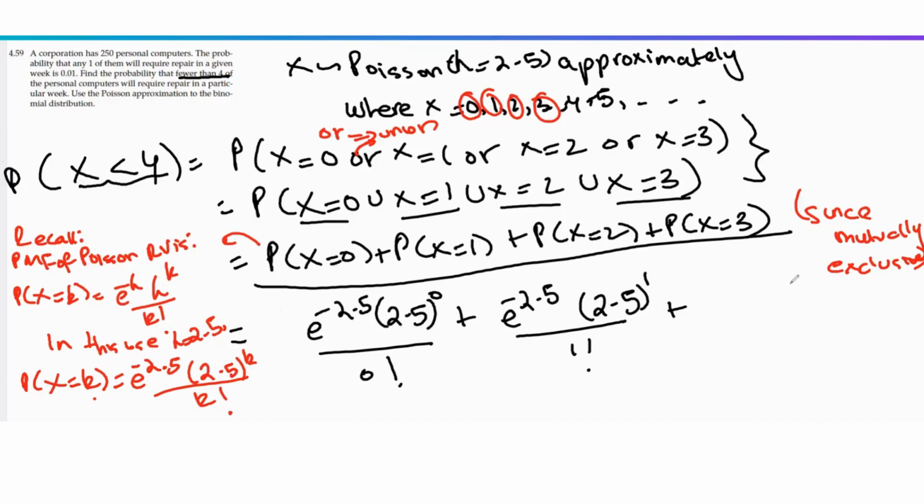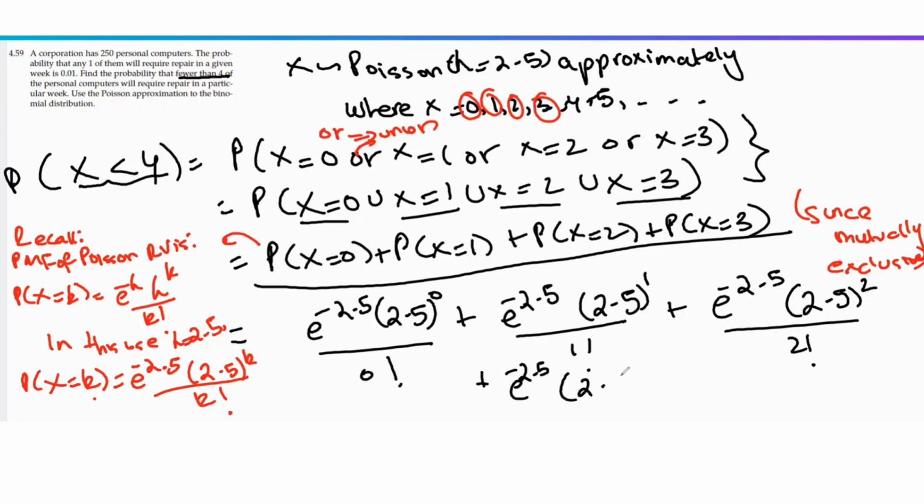Now probability x is 2: plug in 2: e to the minus 2.5, 2.5 to the power 2 divided by 2 factorial. And similarly, probability x is 3: e to the minus 2.5, 2.5 to the power 3 divided by 3 factorial. And you can solve this to get the final answer, which is 0.76, right?